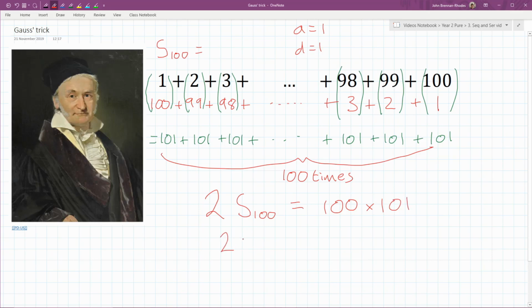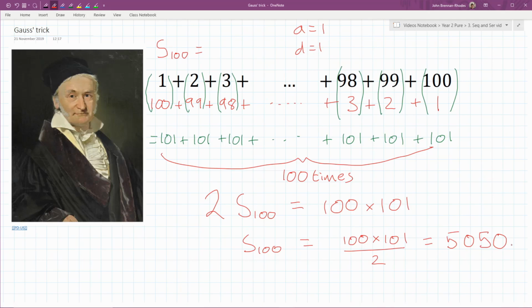So S100 is equal to 100 times 101 divided by 2, and you can do that relatively quickly in your head, and you get 5,050. So that's the sum of the first 100 numbers.